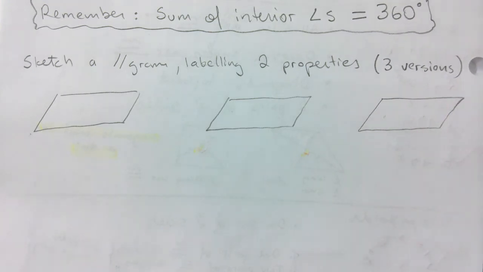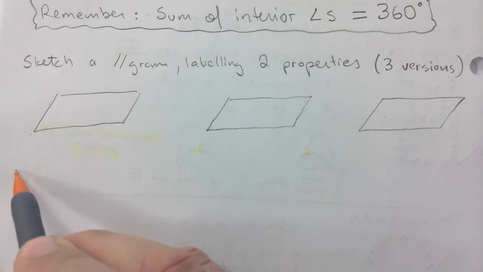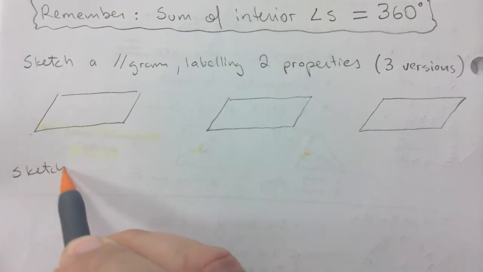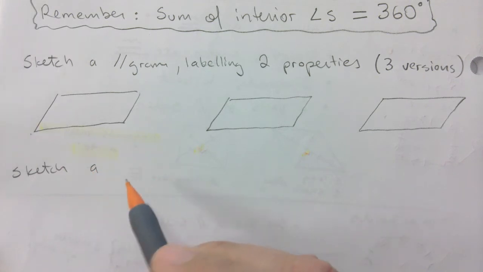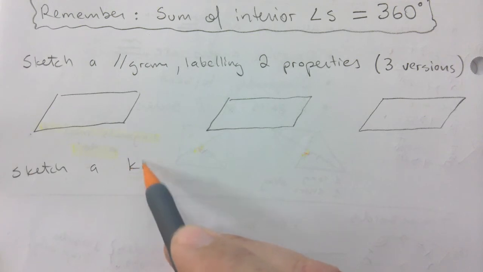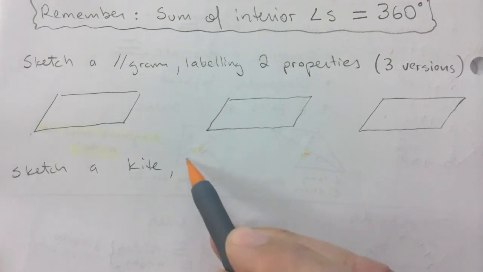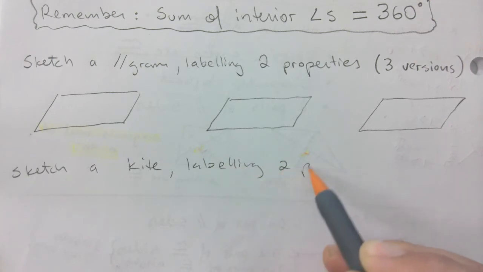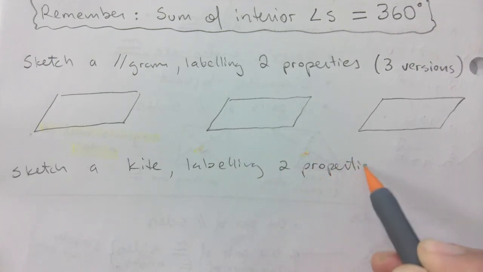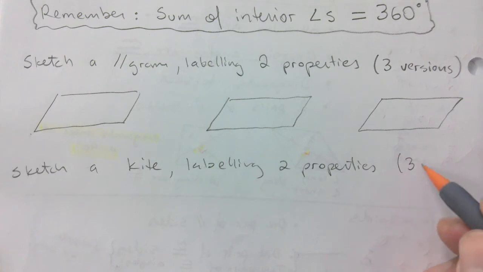So give me 3 ways a student could answer this question. Sketch a kite, labeling two properties. 3 versions as well.